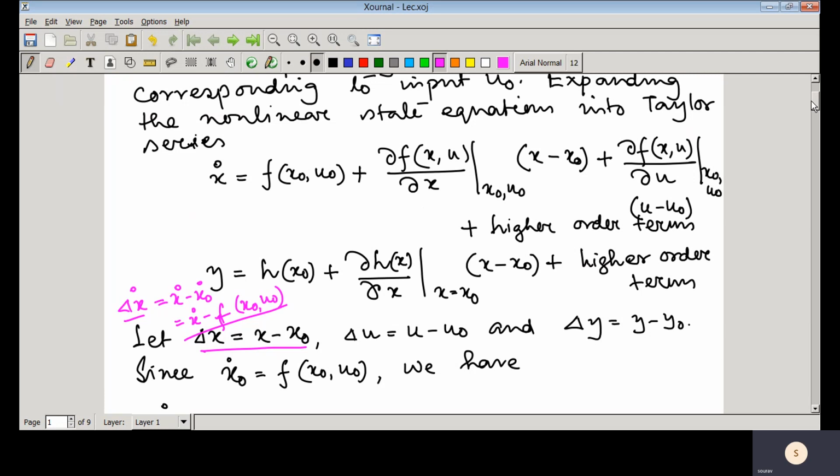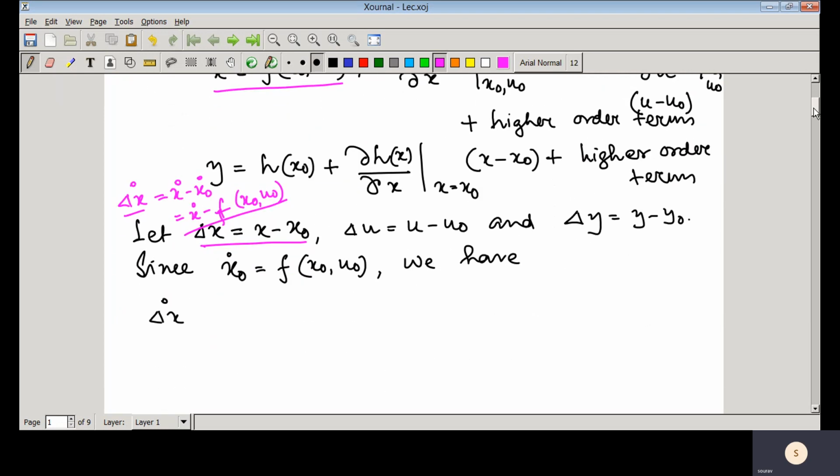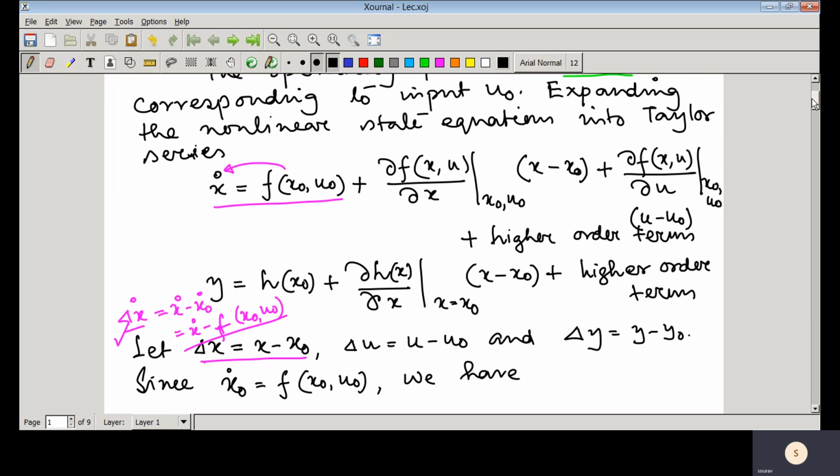Now if you bring this term to the left, x dot minus f(x0,u0) is equal to delta x dot. So I write it here: delta x dot. If you ignore all the higher order terms, we have this term and that term.